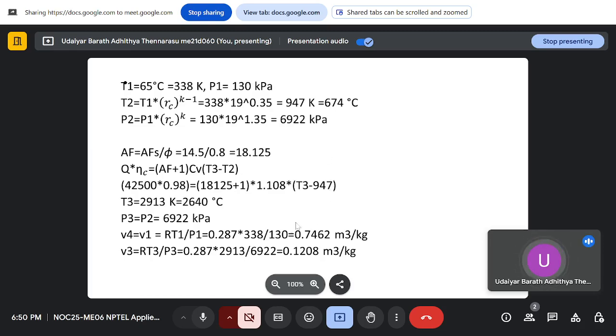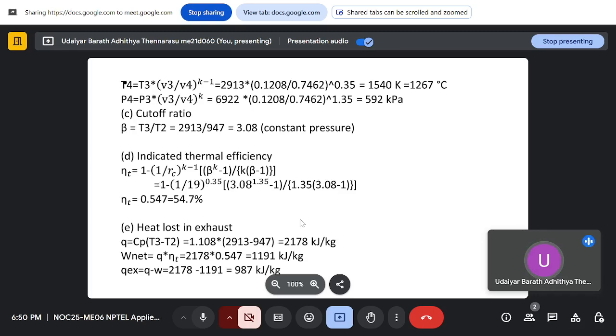So this will give me the cutoff ratio. T4 is T3 into (V3 by V4) raised to the power gamma minus 1. That comes out to be 1267 degrees Celsius, and P4 is P3 into (V3 by V4) raised to the power gamma, since it's an adiabatic process.